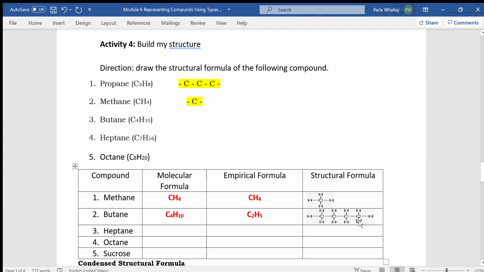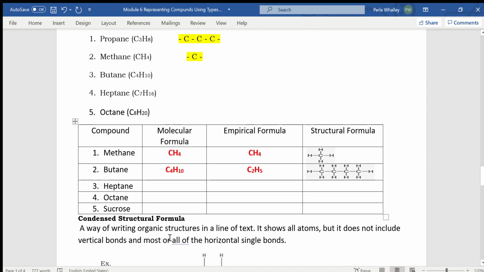Okay, and then just write H at the end of each bond. So we have 1, 2, 3, 4, 5, 6, 7, 8, 9, 10. So there are 10 hydrogen atoms bonded to 4 carbon atoms. Okay, that is the structural formula for butane. So you have to do heptane, octane, and sucrose.